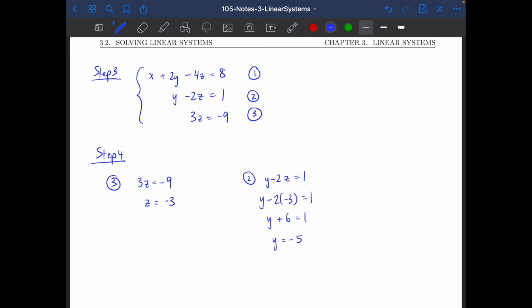I am still looking for x, so I go to equation 1. x plus 2y minus 4z equals 8. I know y and I know z, so I have x plus 2 times minus 5 minus 4 times minus 3 equals 8. x minus 10 plus 12 equals 8, and so x is equal to 6.